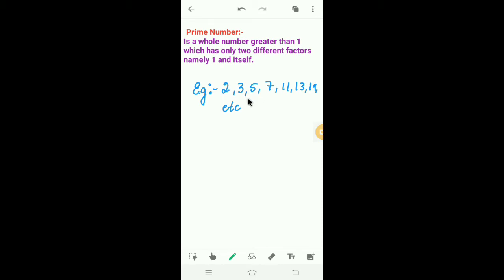It has only two different factors, namely 1 and itself.